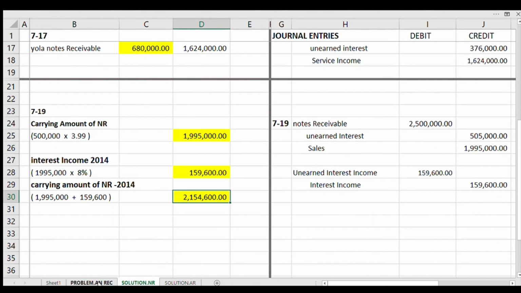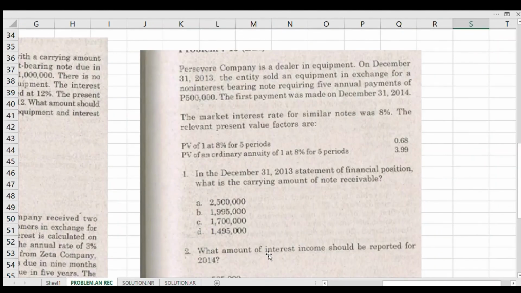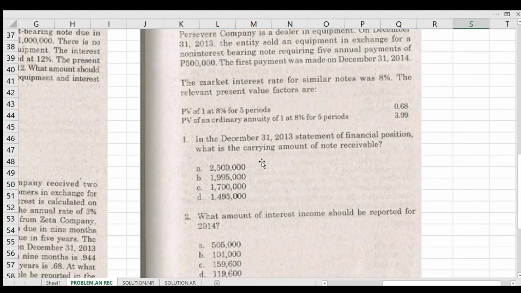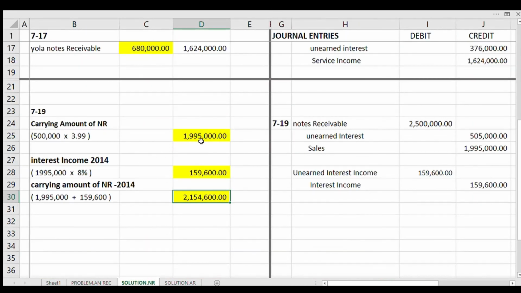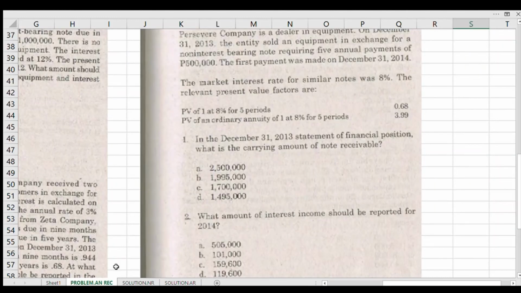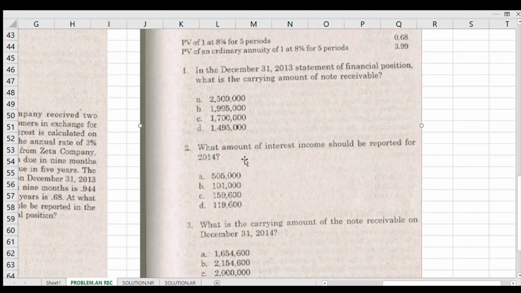So let us see. The first question was the carrying amount of the note receivable in 2013. Our answer is 1,995,000, so it's going to be letter B. Number 2, what amount of interest income should be reported for 2014?